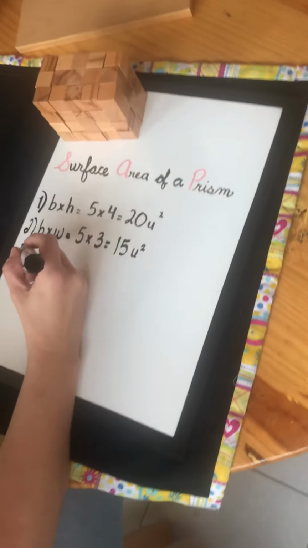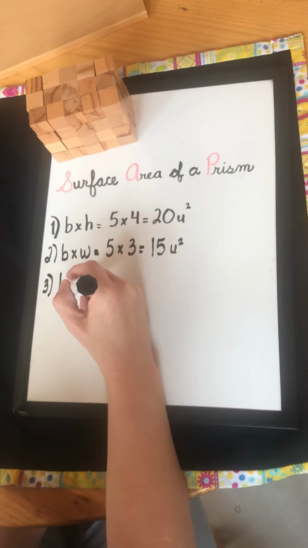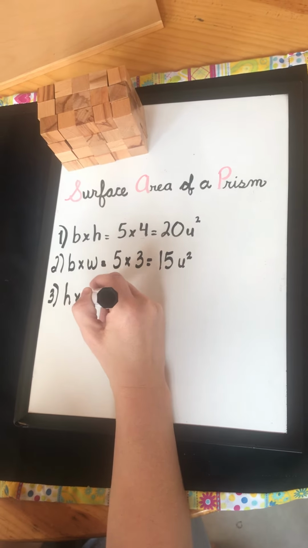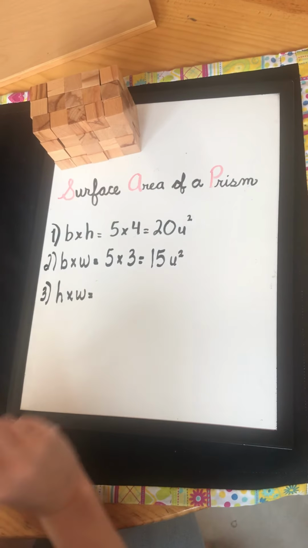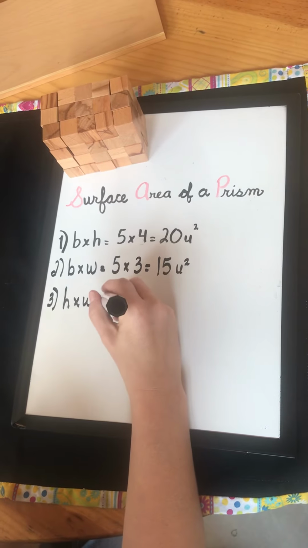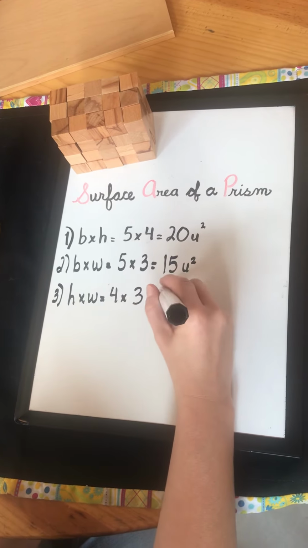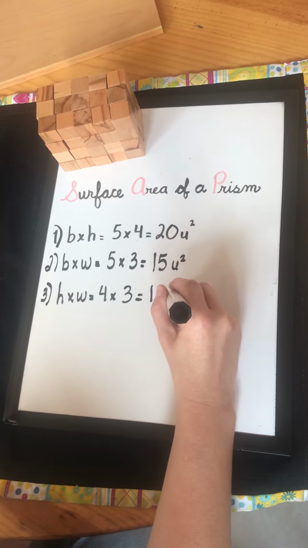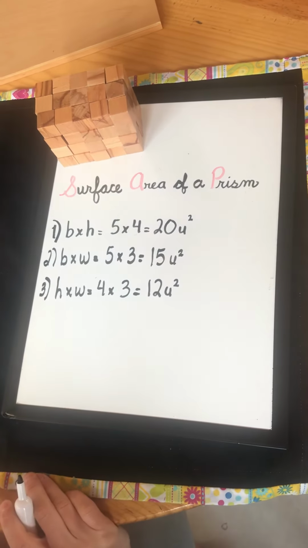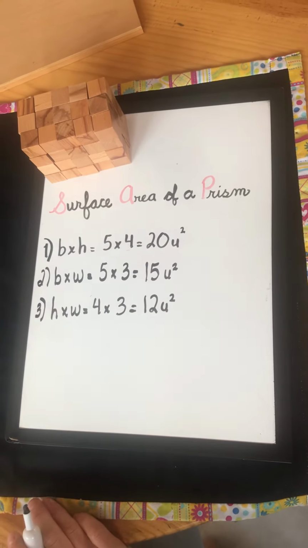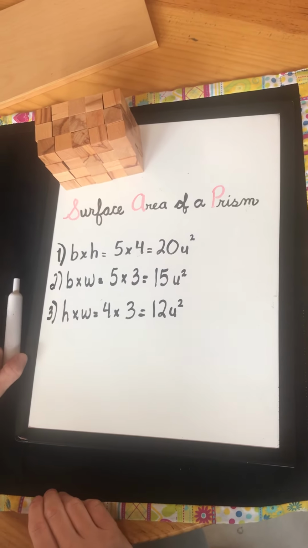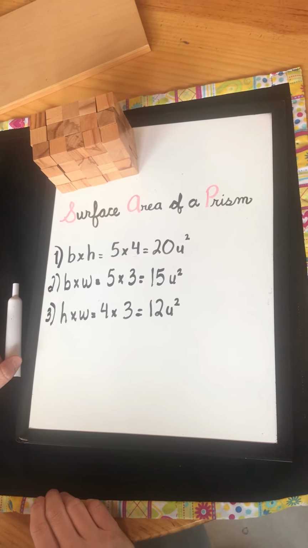So here we have our height times our width. We had a height of 4, our width of 3, and that gives us an area of 12 square units. Okay, so now we've measured 3 of the faces of this rectangular prism.